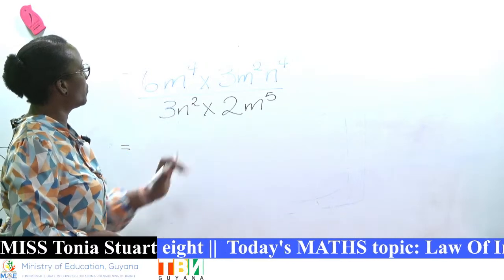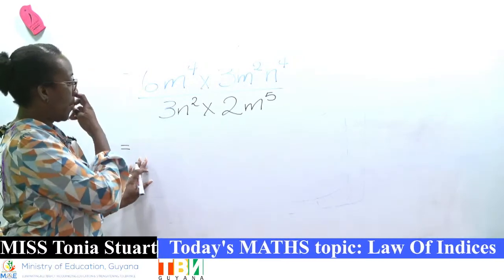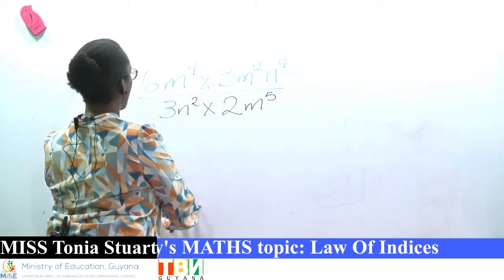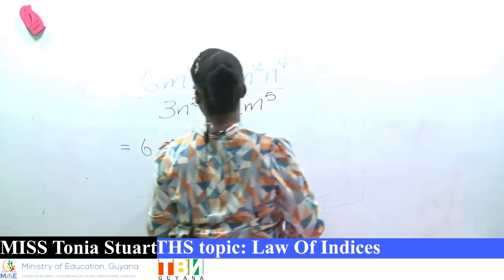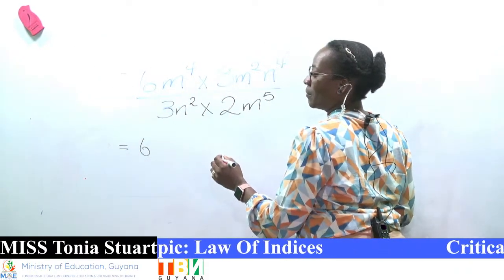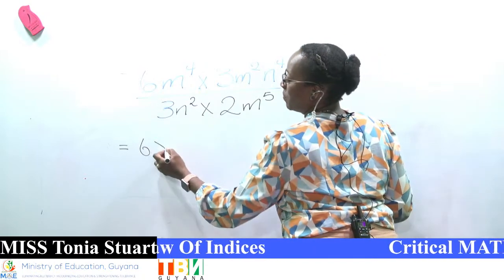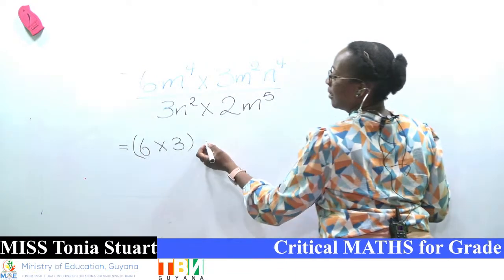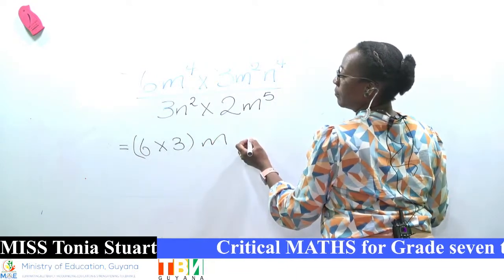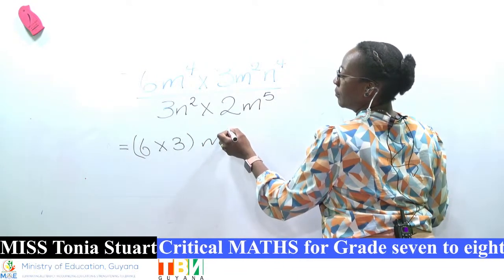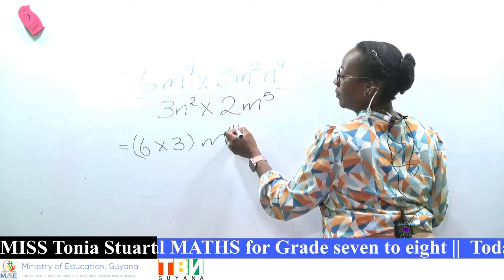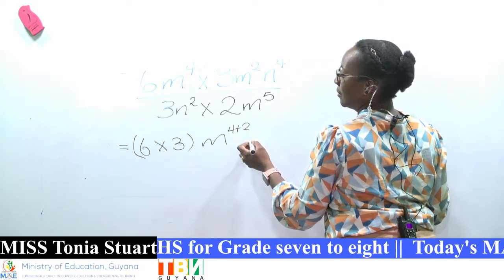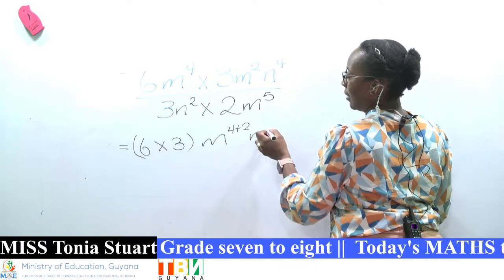What do you think we should do at the top? 6m. The bases are different, so we'll have to multiply. So we multiply 6 and 3. The two variables are m, 4 plus 2, and n and 4.